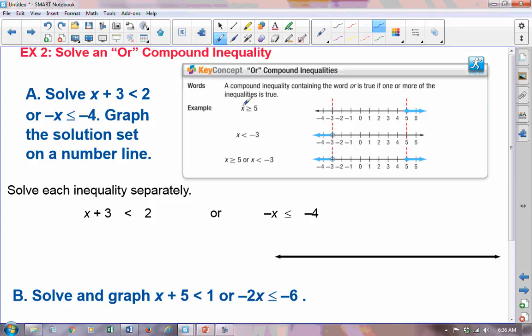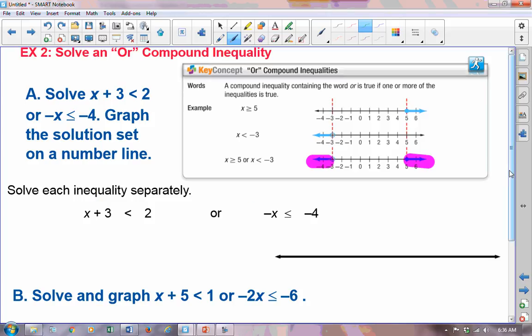So here is an example of a solution that was x is greater than or equal to 5, so we shade to the right of 5, and then x is less than negative 3, so it shades to the left of negative 3. Our solution is going to be the two areas that are joined by the two inequalities, x is greater than or equal to 5 and x is less than negative 3.